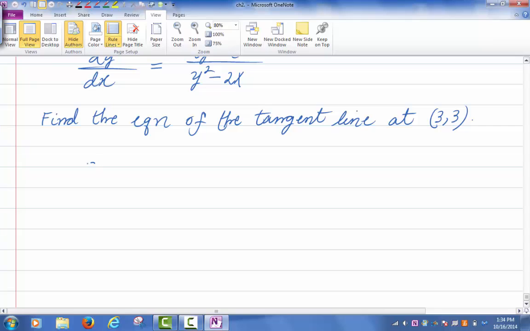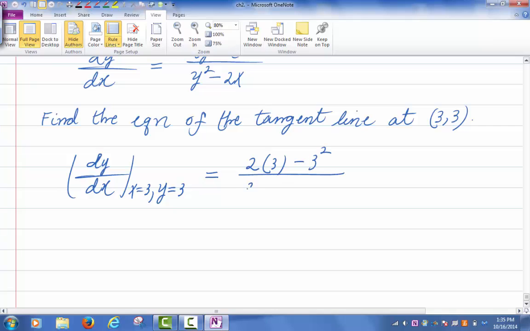Well, the value of the derivative at the point (3, 3) is given by what? 2 times 3 minus 3 squared over 3 squared minus 2 times 3, and that is negative 1.